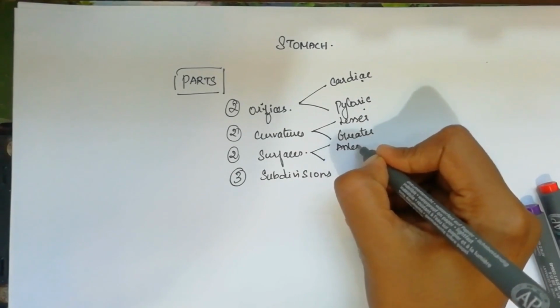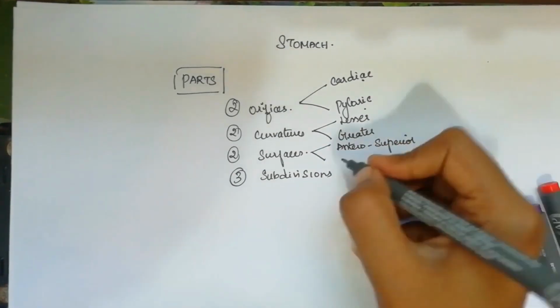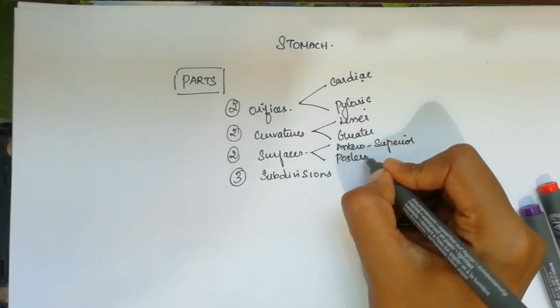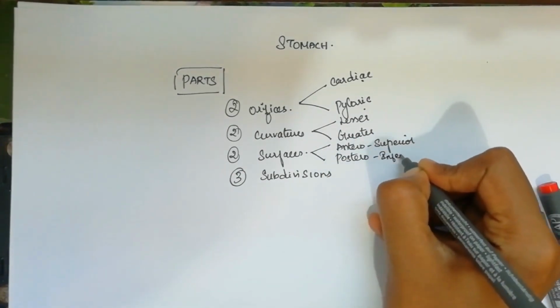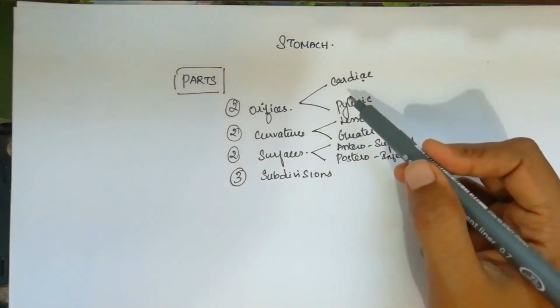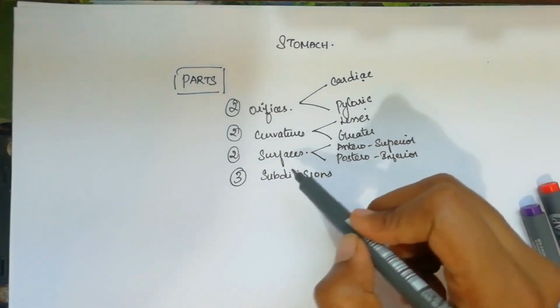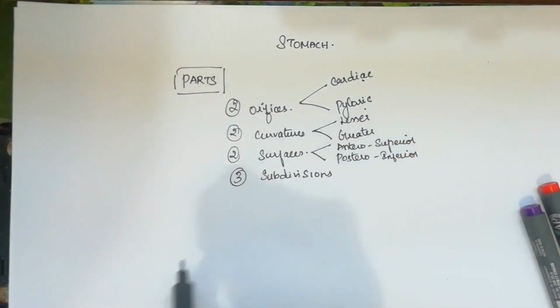And then we have got two surfaces: one is the antero-superior surface and the other is the postero-inferior surface. So orifices, two in number, cardiac and pyloric; curvatures, lesser and greater; and surfaces, antero-superior and postero-inferior.